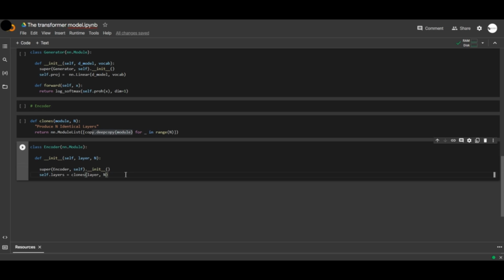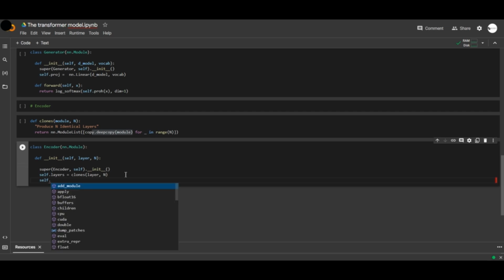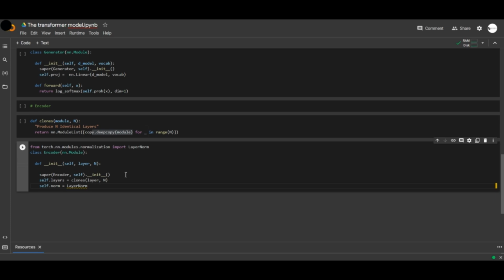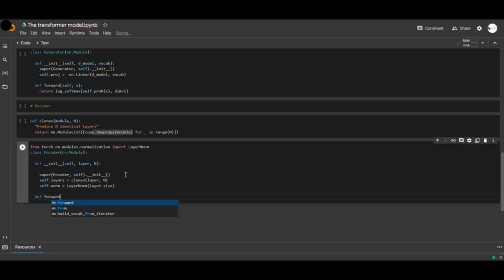So now I want to create that norm: self.norm equals LayerNorm, taking layer.size. Then we're going to do the forward pass: forward, self, x, and mask.